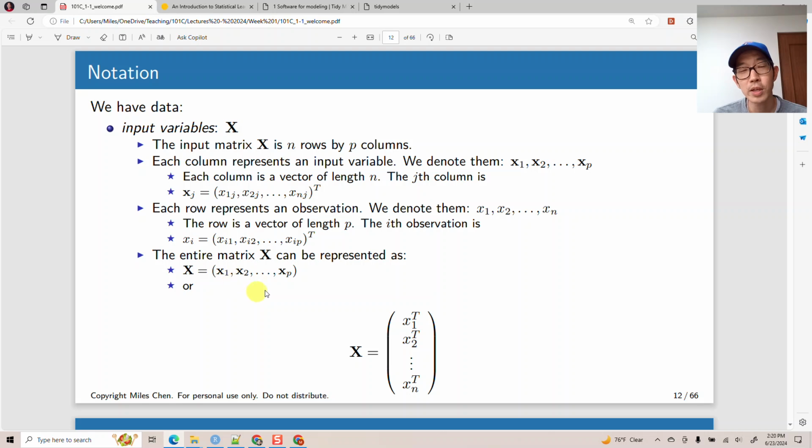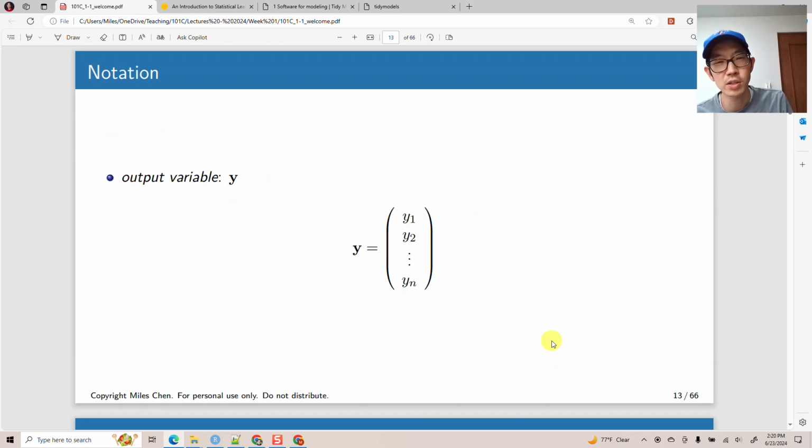The entire X matrix can be represented as the columns bold x1, bold x2, up to bold xp, or as a bunch of rows: observation 1, observation 2, up to observation n, transposed. Those are ways you can think about the X matrix.